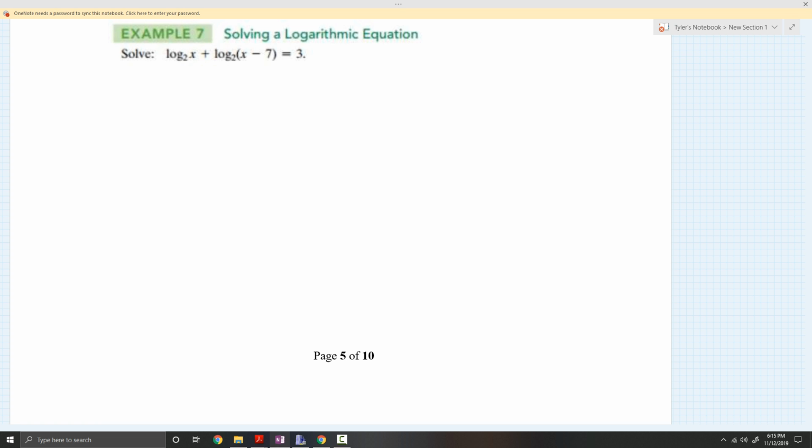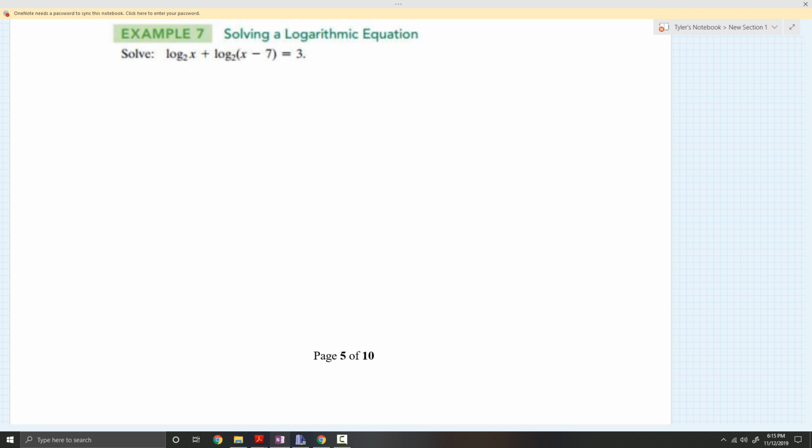All right, so in this next example, something that's important to recognize is that on the left-hand side, I have 2 logarithmic expressions, but we're going to want to condense those down into just one logarithmic expression.